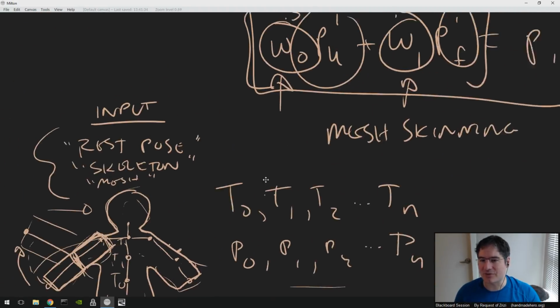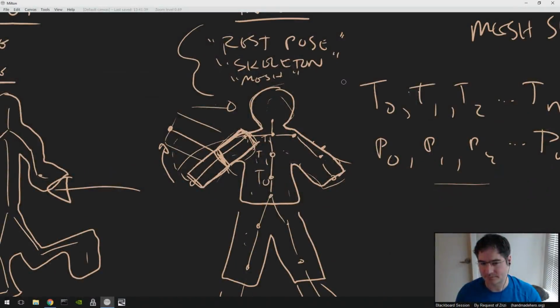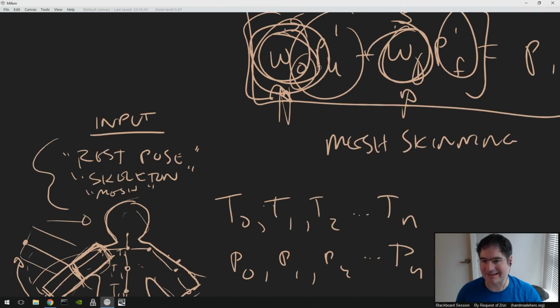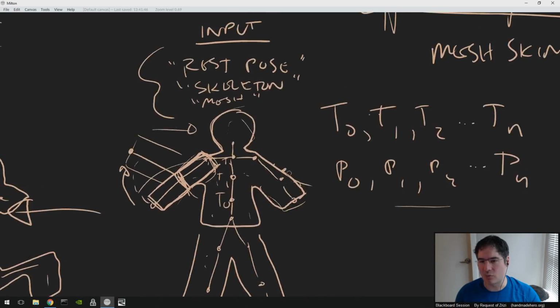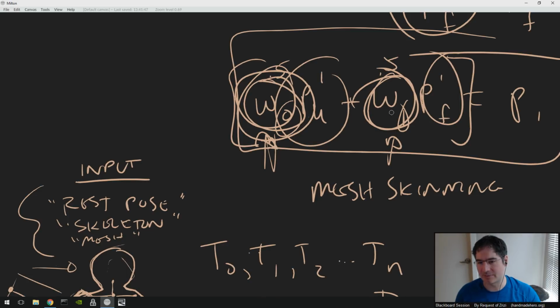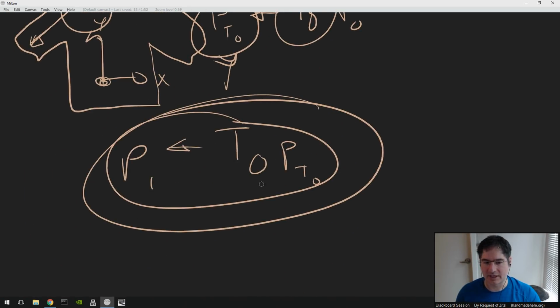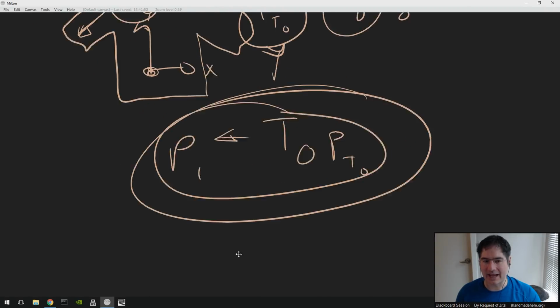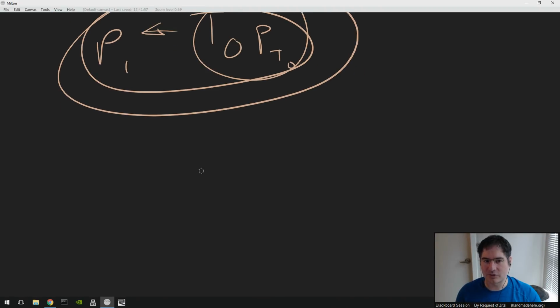They're going to generate these, W0, W1. And the problem is, if they're generating these weights, we now need to play those back at runtime, okay? And what does that look like? At runtime, we're not going to be doing that. We're going to be doing this.